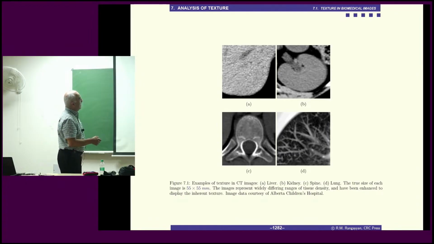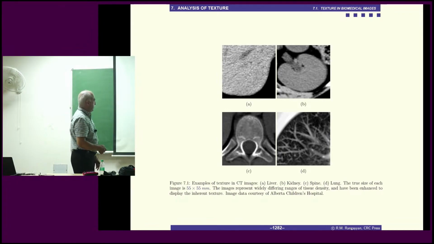So this is part of the liver of a patient, with the speckled and mottled appearance. I zoomed in. The size of each image is 55 millimeters square. That's the true size. That's the kidney in a CT image. These are CT images. This is the spine in a CT image. There is some randomness in variation. I wouldn't call it random texture, not as much as that, but there is some variation.